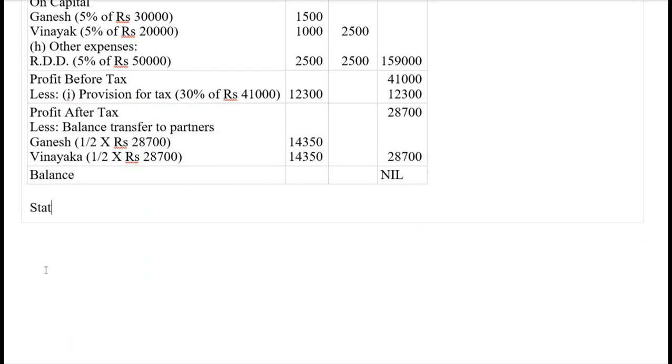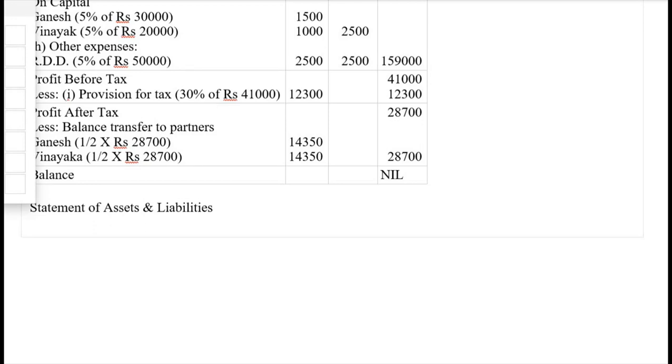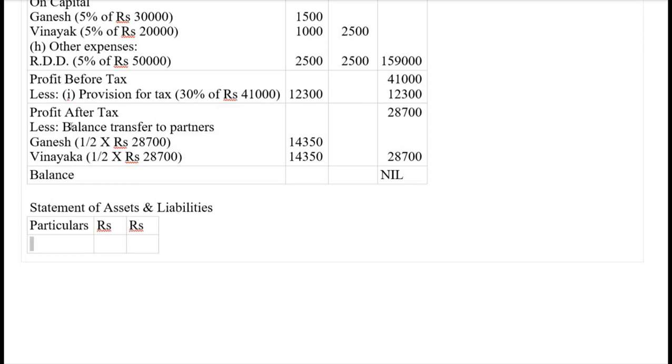Now the next one here, statement of assets and liabilities. So again, let me insert the same here. It is three columns. So here particulars, rupees. First let us start with A, in capital letters, contribution and liabilities.